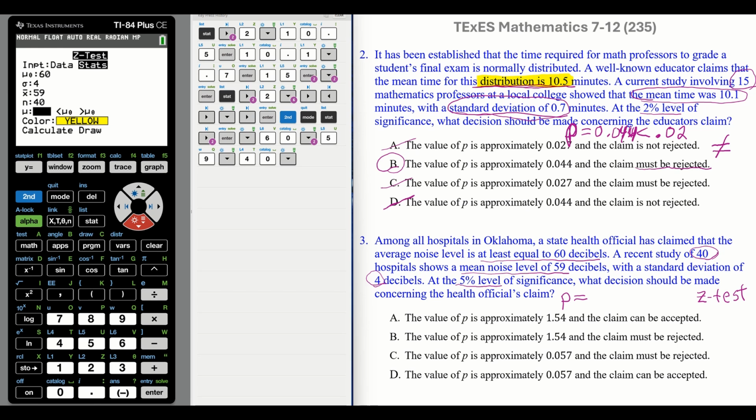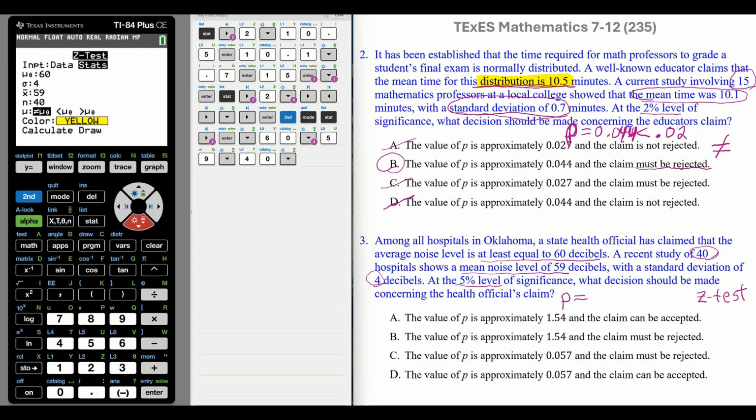Now, we are not using equal anymore. We need to go to one side or the other. It says at least equal to 60. So this means they're trying to say 59 is less than your original.